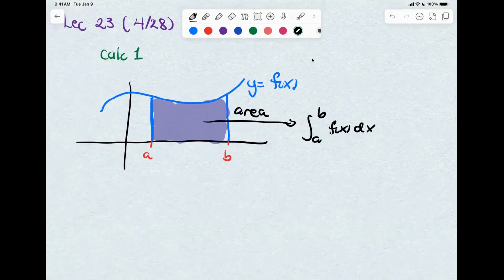So if you call this region R, R is determined by four things.